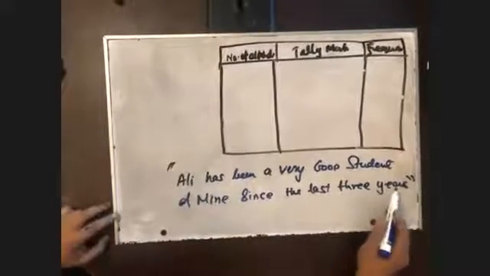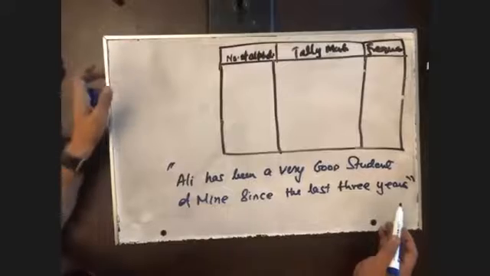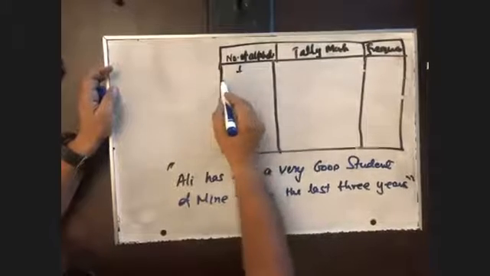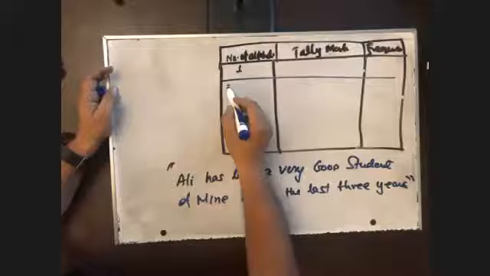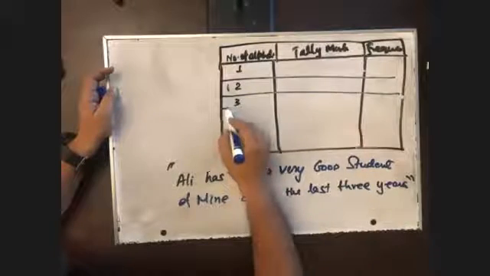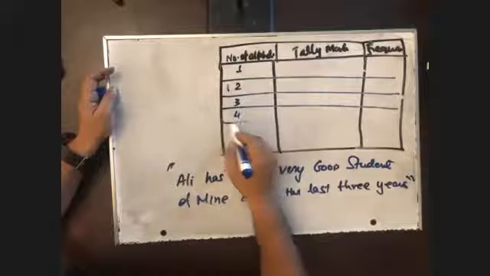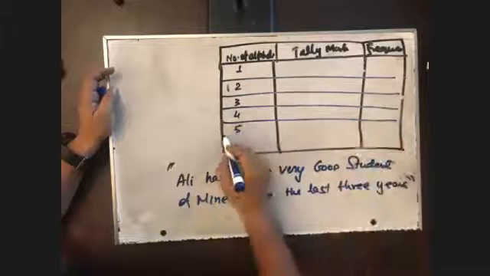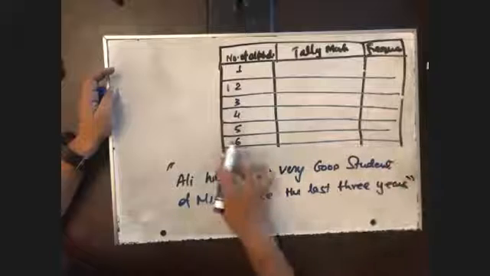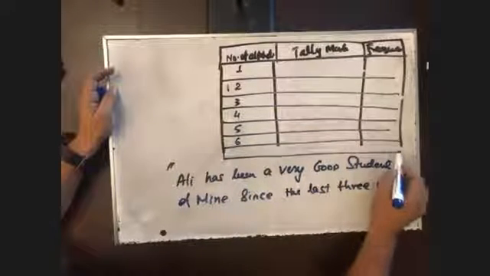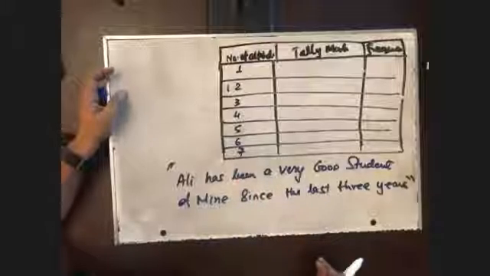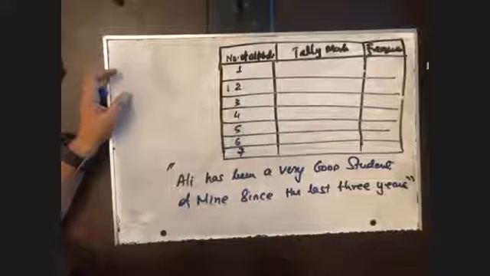And we are going to make tally marking. Number of alphabets 1, number of alphabets 2, 3, 4, 5, 6, 7, and so on.